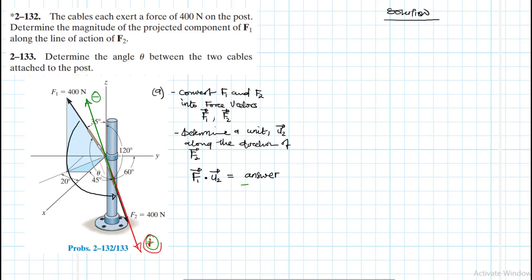That is important. Then the second part, B, we have been asked to find the angle between the two vectors. We know that we can express two vectors when they dot, like in this case, force vector 1 dot unit vector 2, as equal to the magnitude of force vector 1 times the magnitude of unit vector 2 times cos theta.